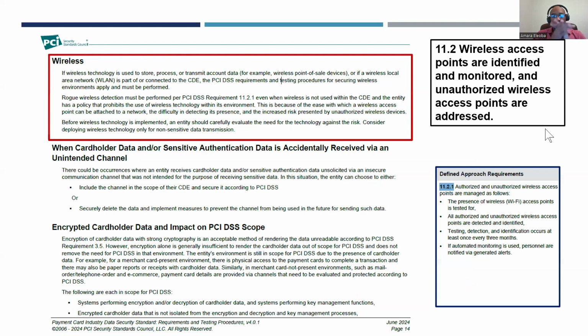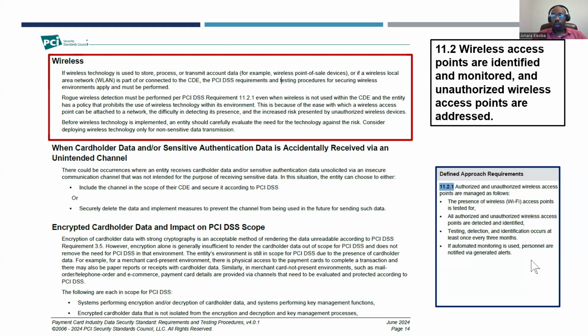This is also very important when you are performing your assessment. If you are using wireless technologies to store, process, and transmit cardholder data, that network needs to be assessed. You can see here that this is addressing requirement 11.2: wireless access points must be identified and monitored, and unauthorized wireless access points must be addressed.